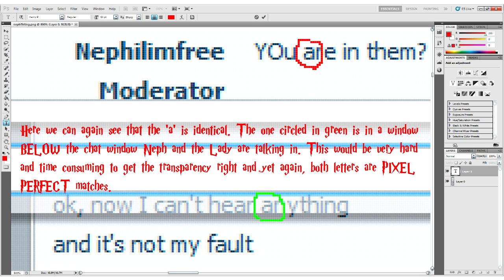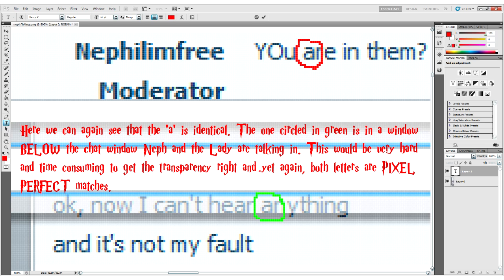So you've also got a transparency layer over the top of the text that is circled in green. But even then, if you take a look at Nephilim's A there, and you look down and see the A that is under Nephilim's chat window, you can see that again they are pixel perfect. The shading pixels are correct, the pixels are all in the right place.